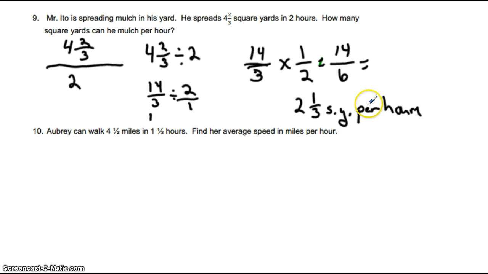Last, good old Aubrey can walk 4 1/2 miles in 1 1/2 hours. Find her average speed in miles per hour. Simply, it is 4 1/2 over 1 1/2 hours.